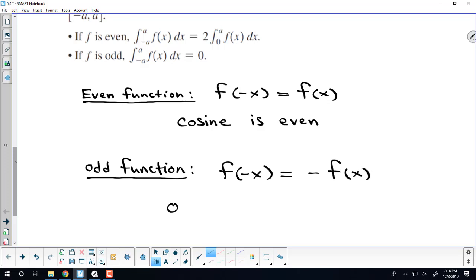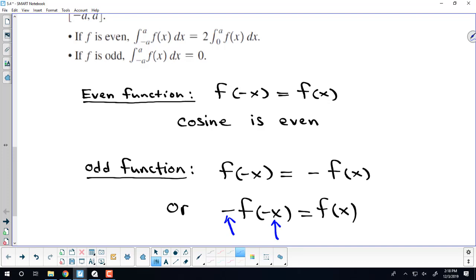Or, as it's less commonly seen, the opposite of f of negative x is f of x. And so, in other words, if I replace y with negative y, and I replace x with negative x, and it's the same function, then you have symmetry with respect to the origin.